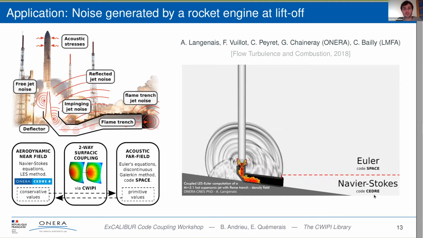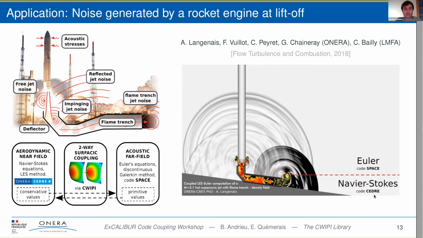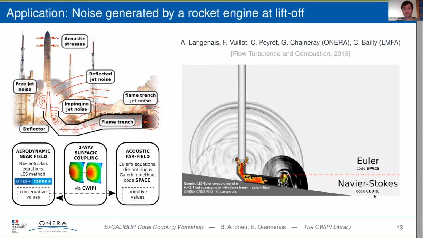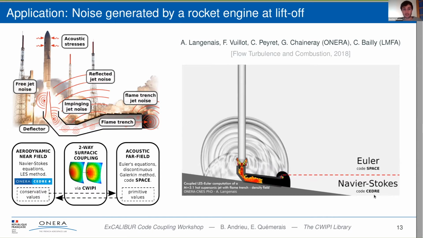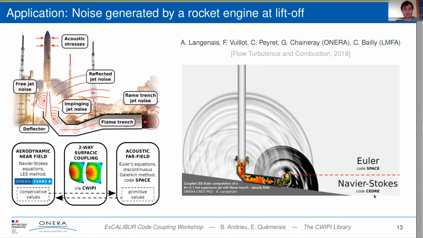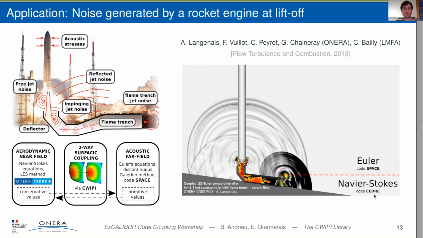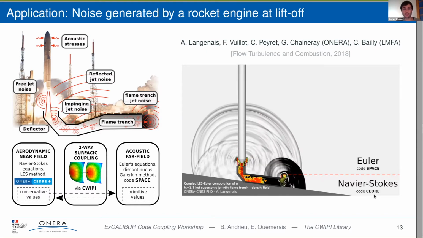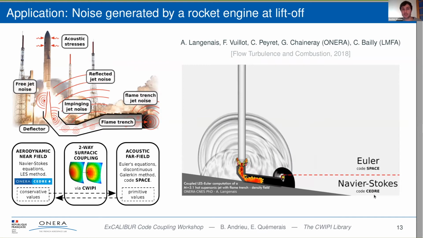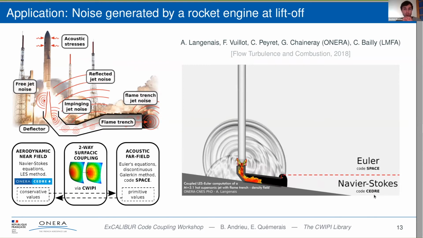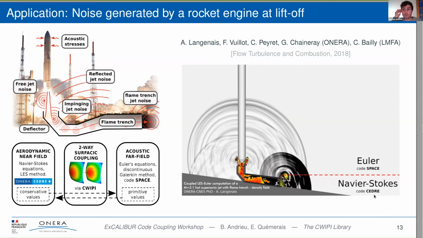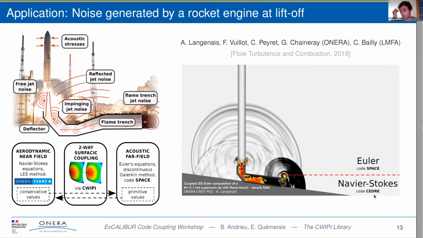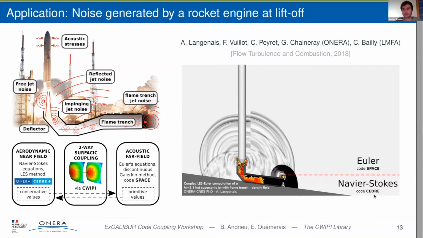This first example is the coupling between the CFD solver CEDRE, which is developed at Onera, and the computational aeroacoustics code SPACE, which is also developed at Onera. On one side, CEDRE solves the Navier-Stokes equations using an LES method, and the other domain, SPACE, solves Euler's equations using a DG method with high order, I believe up to 4th order.